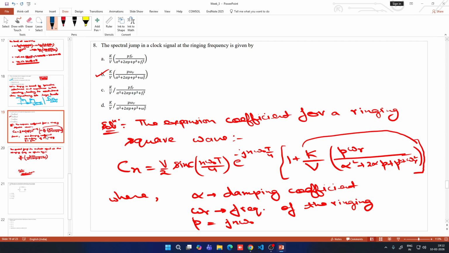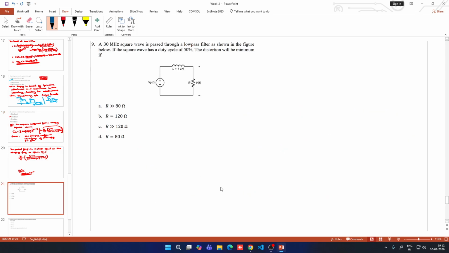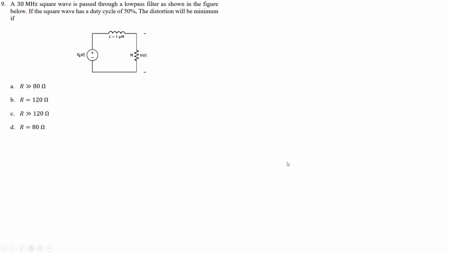If question number 8 is clear, we will move on to question number 9. A 30 MHz square wave is passed through a low pass filter as shown in the figure below. If the square wave has a duty cycle of 50%, the distortion will be minimum if... They are asking what value of R should be so that there will be minimum distortion.